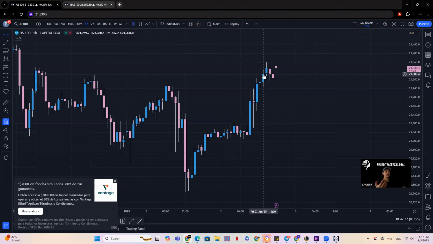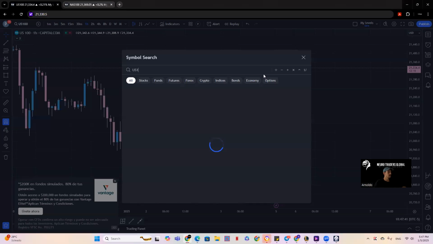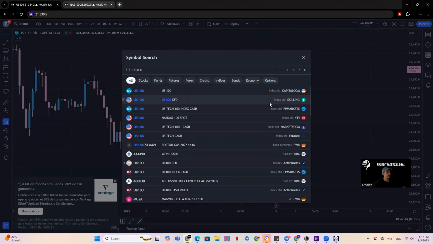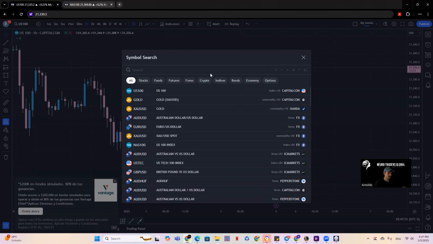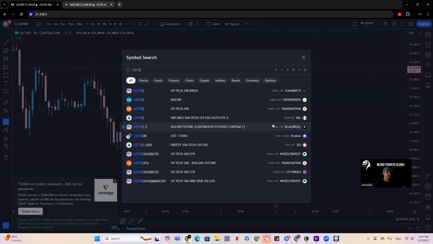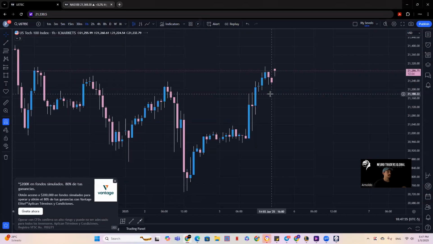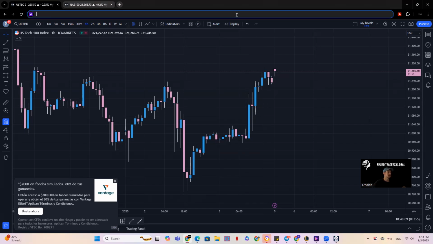So if we use a different broker, let's say IC Markets, which is a really well-known broker, let's use their chart here. They have it labeled as US Tech, so US Tech, IC Markets, it's the same thing. It's Nasdaq 100. If we look at that same candlestick, the second blue candlestick's high, you can see it actually says 21,278.86.